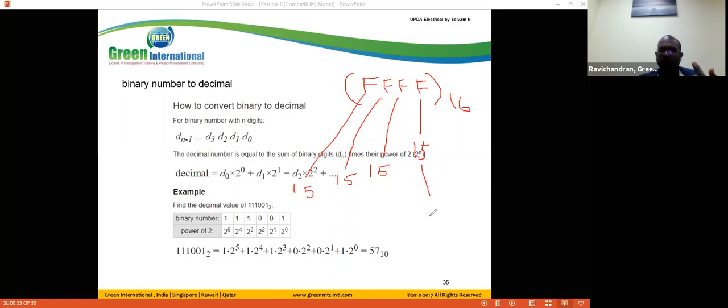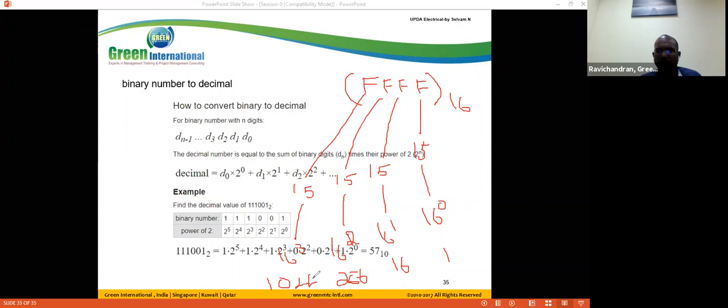And here you put 16 power 0, 16 power 1. So the answer is: 16 to the power 0 is 1, 16 squared is 256, 16 cubed I think is 4096.